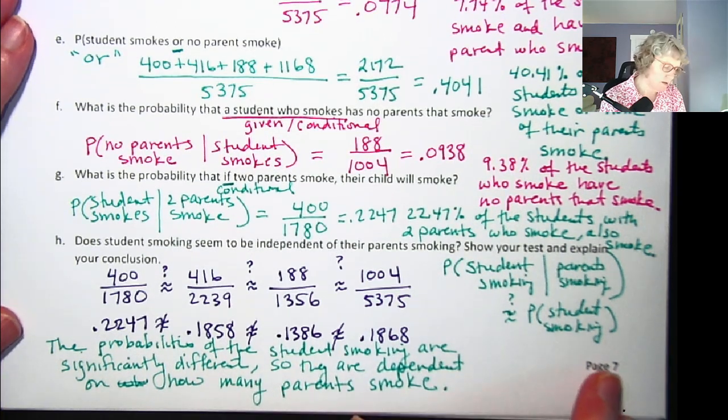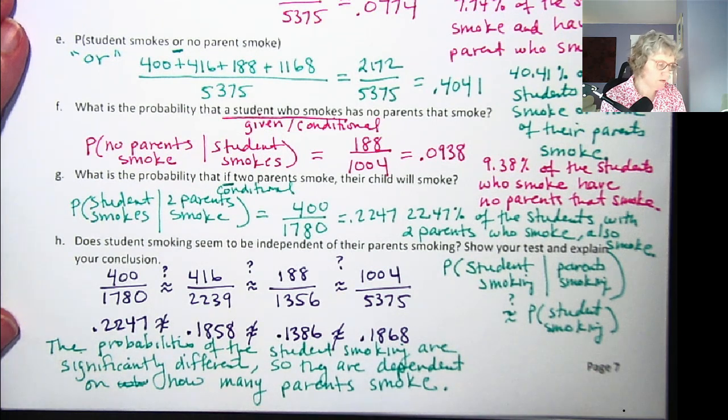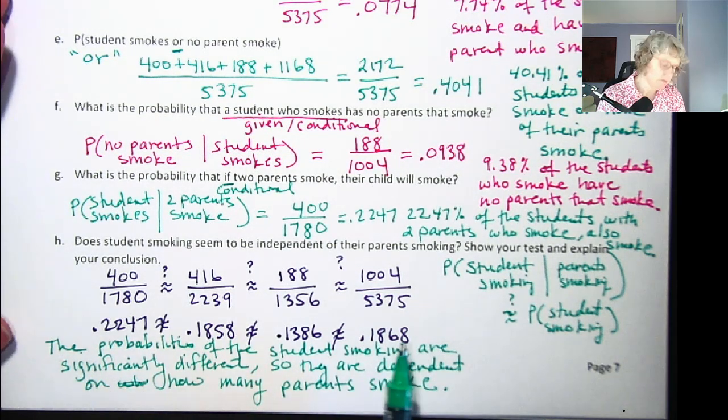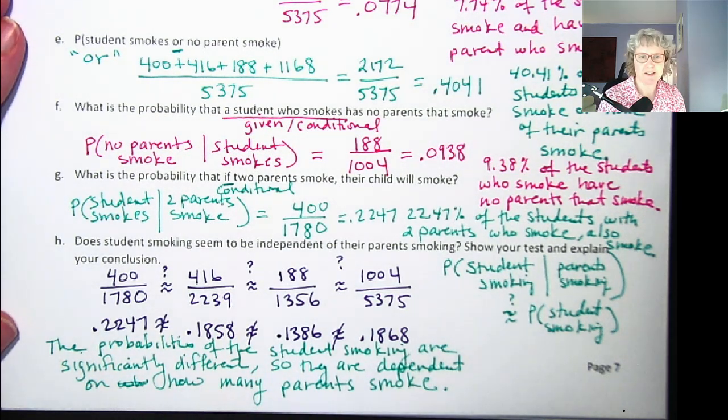Or you could say the variables, the student smoking is dependent on the parent smoking. Anything along those lines. As long as you get, if they're dependent, they're significantly different. If you say they're close or they're not significantly different, then you could say they're independent. Okay, I hope this practice has been helpful, and I'll see you in the next video.